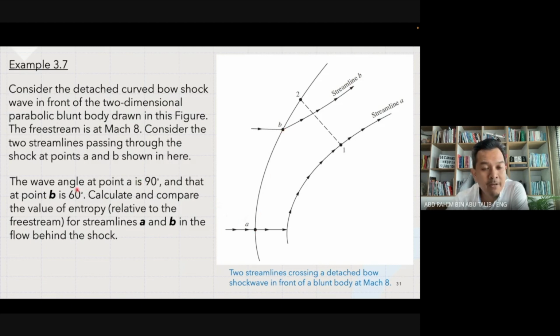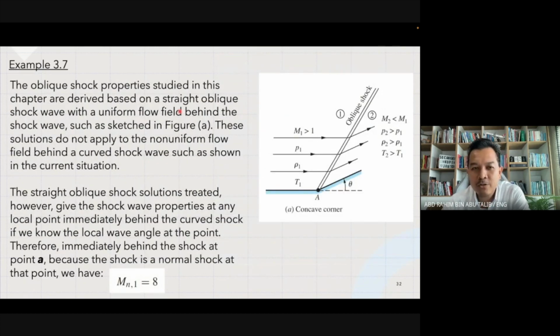The wave angle at point A is 90 degrees, which is a normal shock wave, and at point B is 60 degrees. Given the wave angle at point B is 60 degrees, you have to calculate and compare the value of entropy, S, relative to the free stream for streamlines A and B in the flow behind the shock. All right? So let us try to resolve the issue.